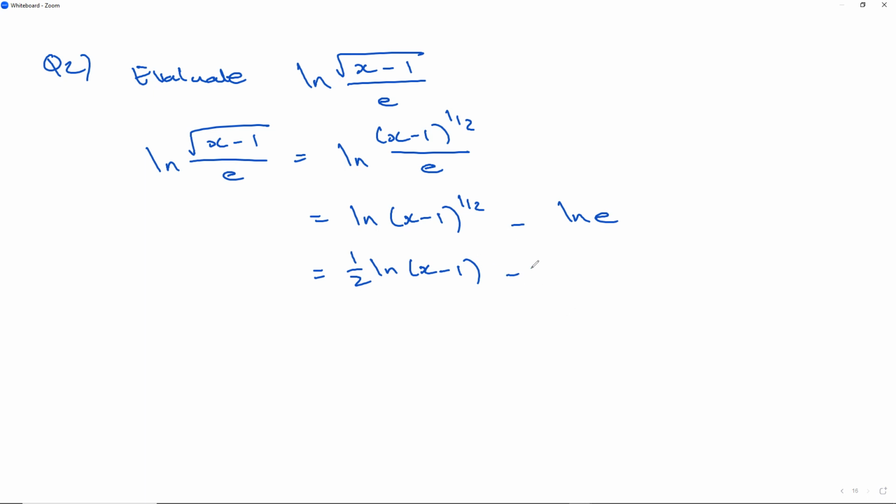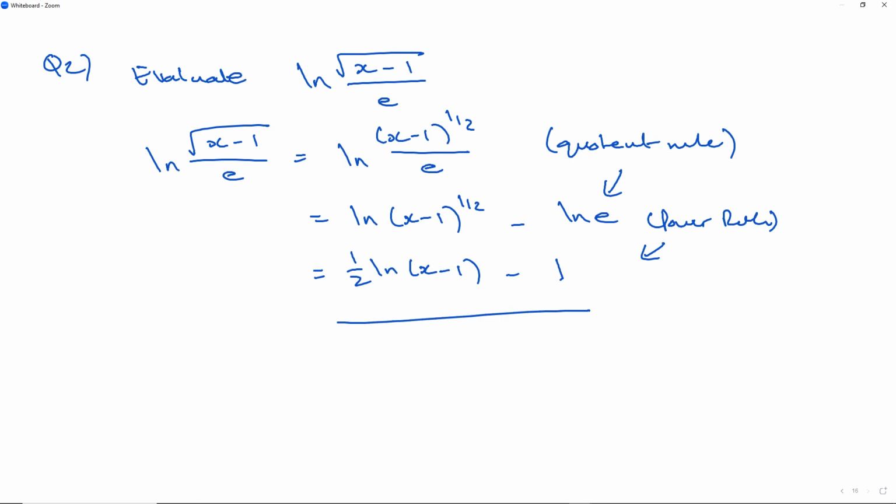Okay, so this is going to be minus then ln e, which we know is 1, because the logarithm is 1. And then from that, I've got this function now, which is half ln x minus 1, minus 1. Can I do anything else after this? All done. All right, so here we use the quotient rule to get there, and then here we use the power rule to get there. And then we're done. We stop here.